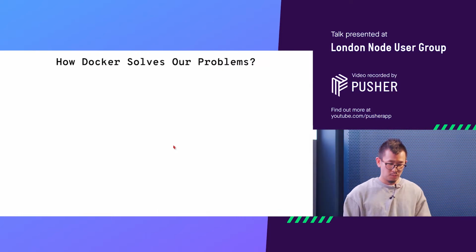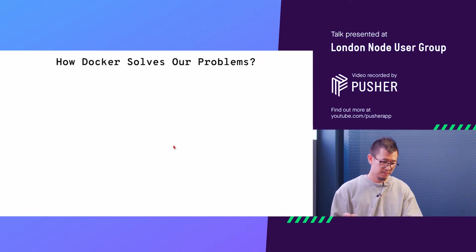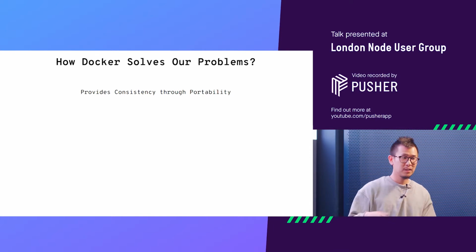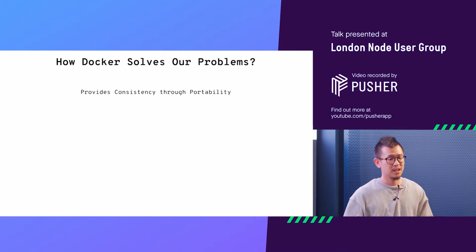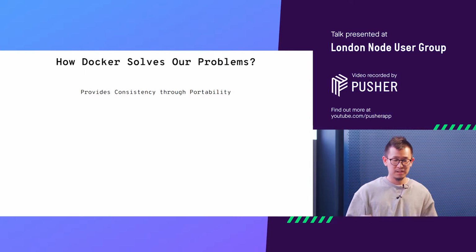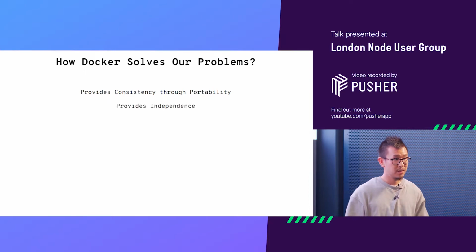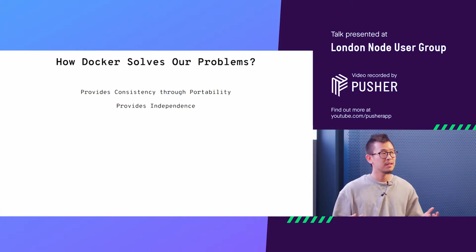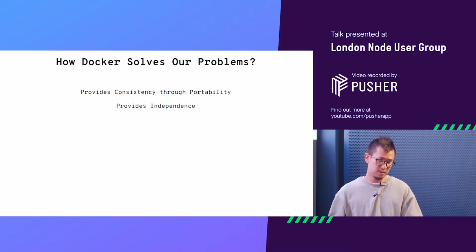So why is this better than our previous approach? It provides consistency through portability. Because the Docker image can be run anywhere that has Docker installed, if it works on my machine, it will work on your machine. It provides independence. If I want to run multiple instances or different projects using different Elasticsearch versions, I can just have two different Elasticsearch images.